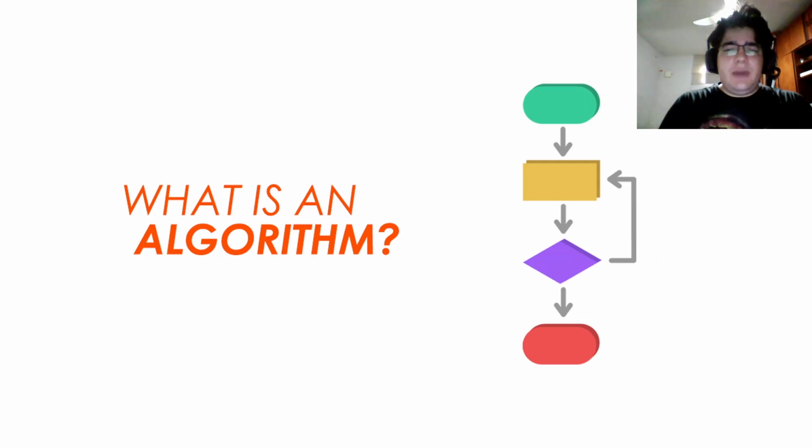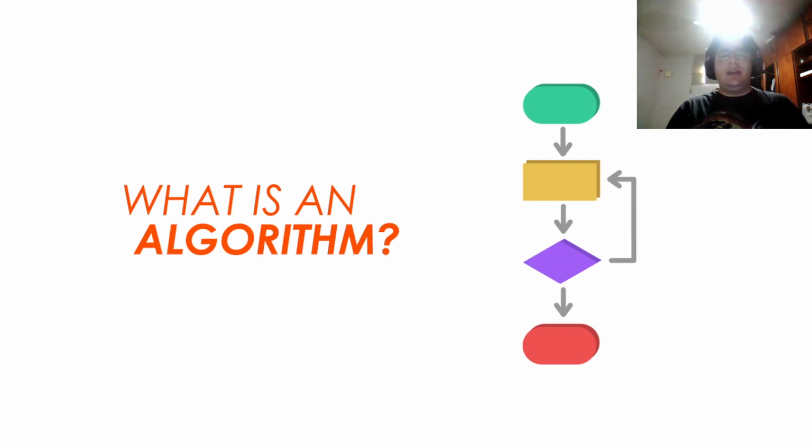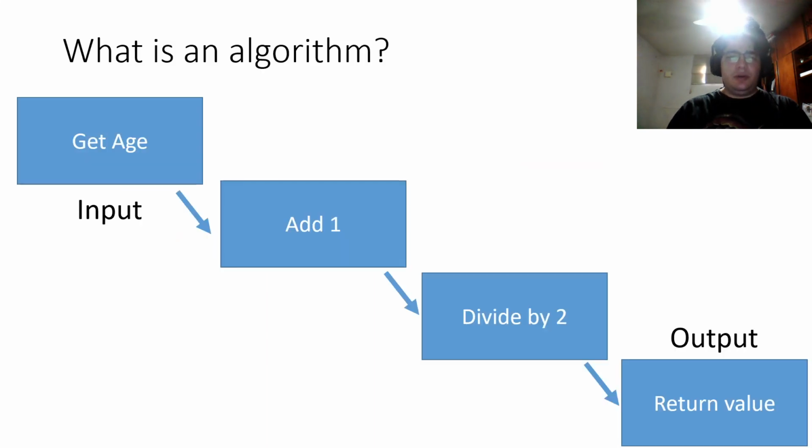First, we have to ask ourselves, what is an algorithm? To understand an algorithm, we have to think about some sort of recipe to do something. In this example, we first get an input value, that is the age of someone. For example, my age is 29.